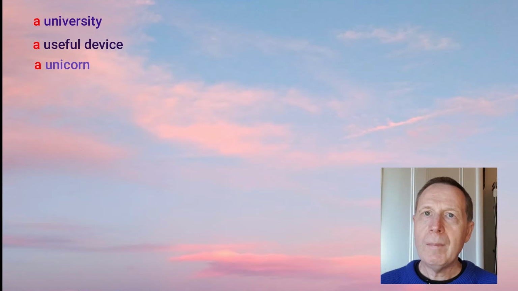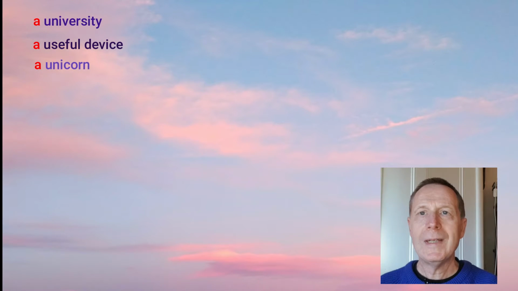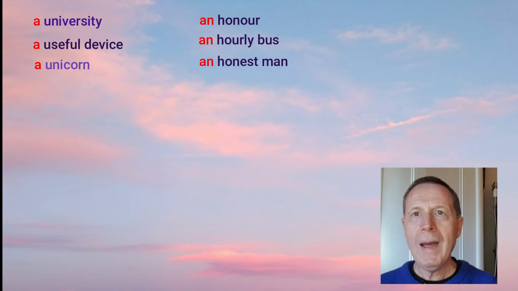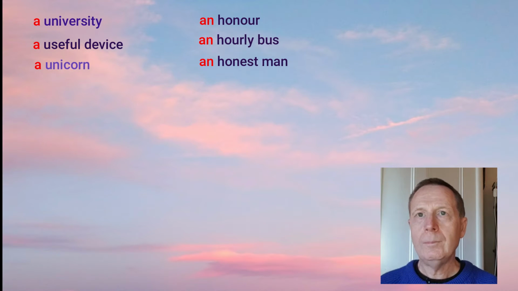Similarly, we have to remember that some words are spelled with the consonant H at the beginning, but we don't pronounce the H, so we use an. For example, an honour, an hourly bus, an honest man. So thinking of this, correct the following.